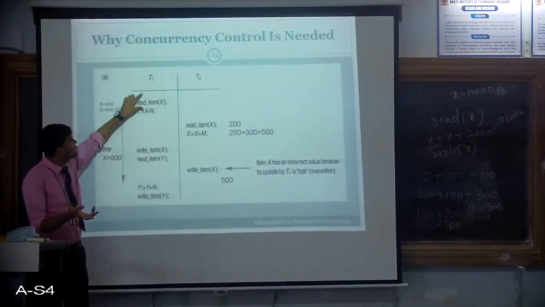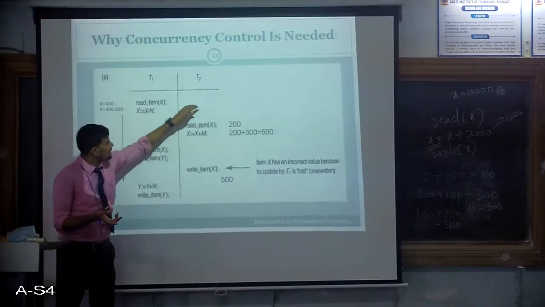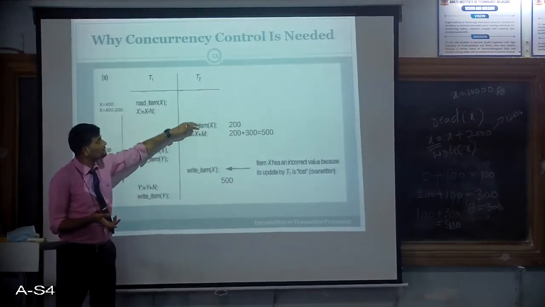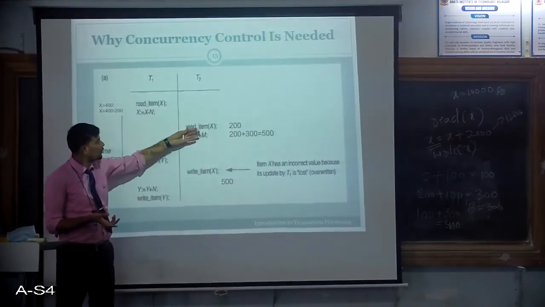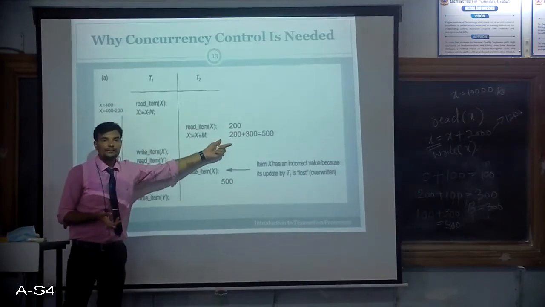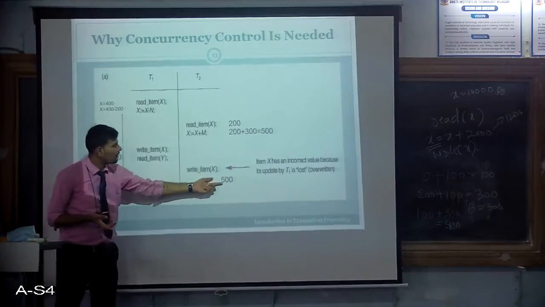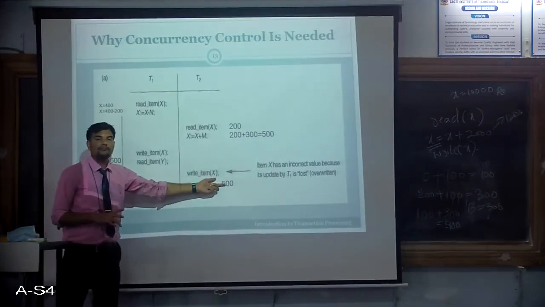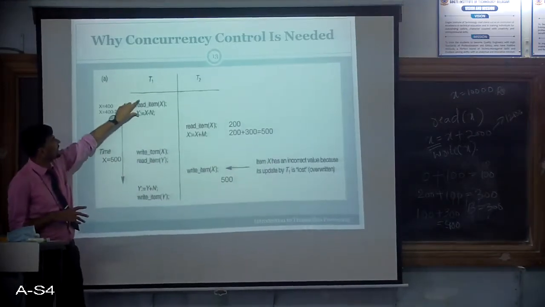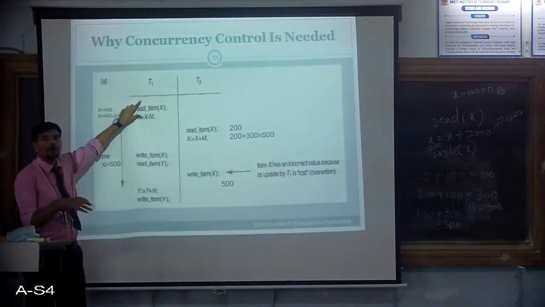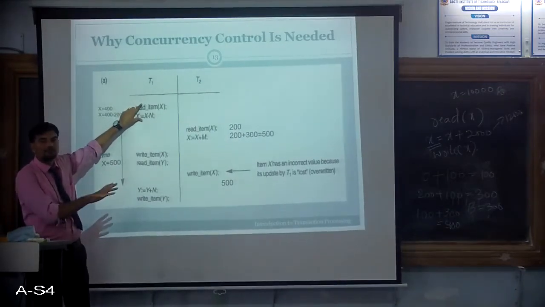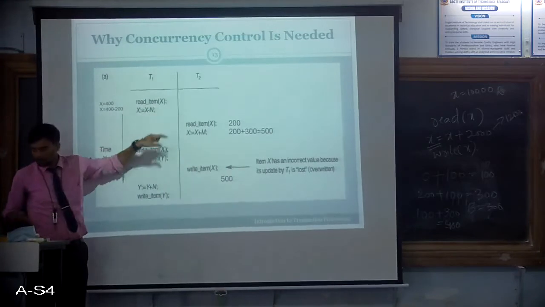Because transaction T2 has read the value, that is 200, and updated it, and T2 finally writes the 500 value, so the value that has been written by T1 is lost or overwritten. Such kind of problem is called the lost update problem.